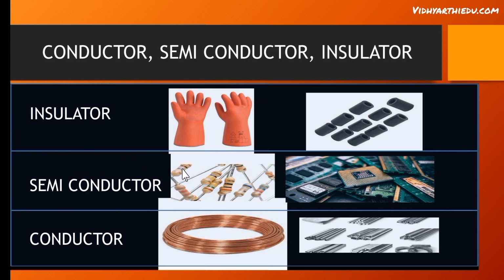So resistors can be taken as semiconductors because resistors oppose the flow of electrons, but partially they allow the flow of electricity. And conductors are wires, copper, aluminum wires, and metals.